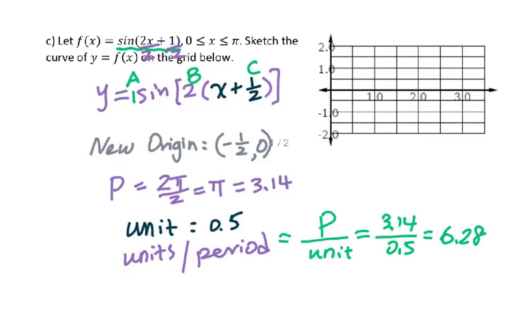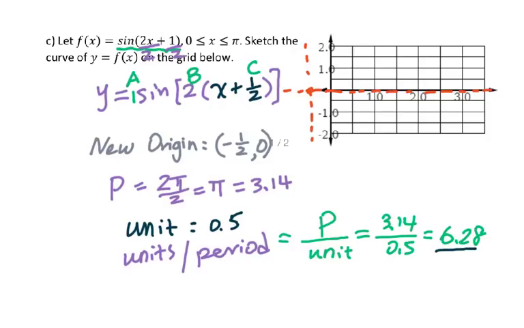First of all, the new origin is negative 1/2. That means negative 0.5. From this given graphing paper, we couldn't find the negative 0.5, so we estimate it's over here. Then we need to set up the new coordinate plane. Then from this new origin, I need to count 6.28 units.